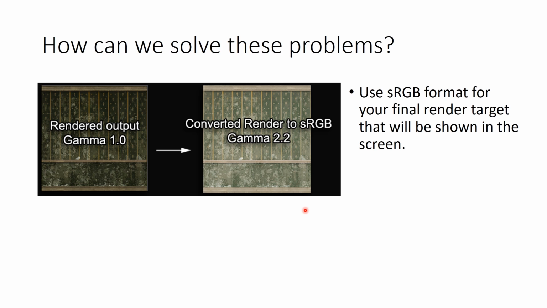Otherwise, you will get wrong results. In the case, for example, of DirectX and OpenGL, you can also set the type of your render target, that is basically a texture, as an sRGB color format.